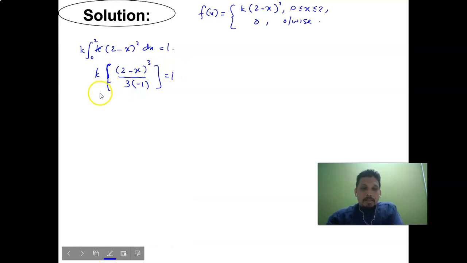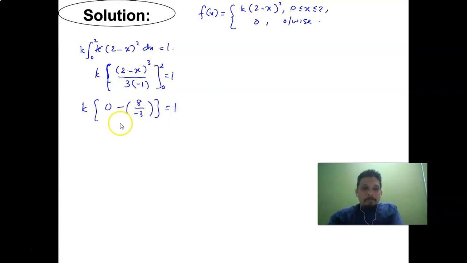From 0 until 2, now substitute x equal to 2 first. So 2 minus 2 equal to 0, 0 cubed divided by 3 is 0, minus, substitute x with 0 here, so 2 minus 0 equal to 2, 2 cubed equal to 8 divided by negative 3.